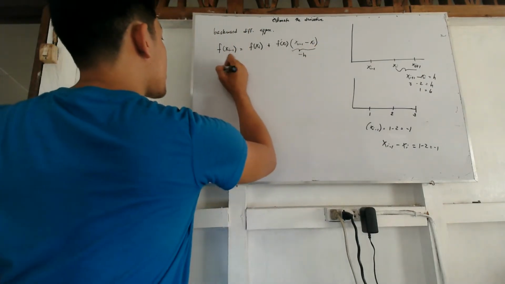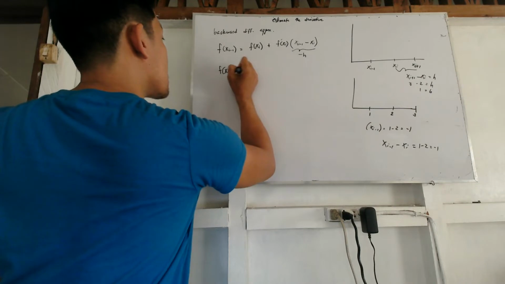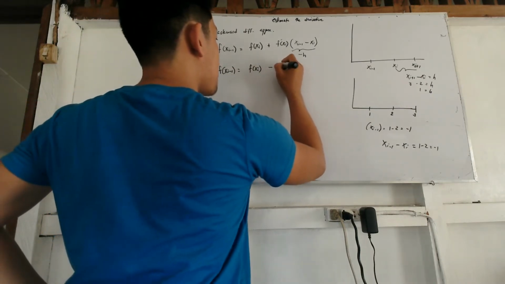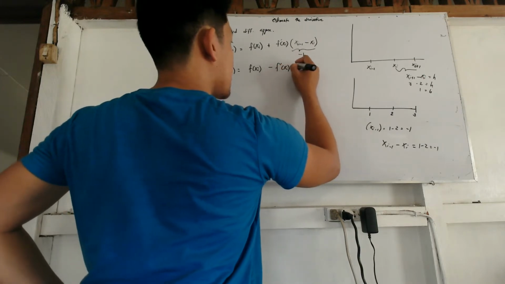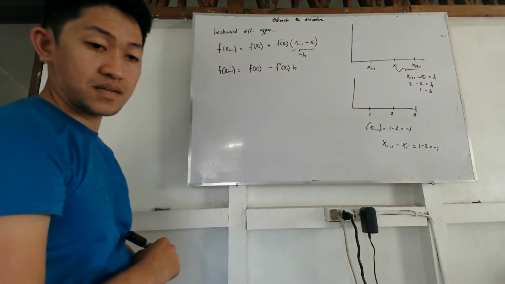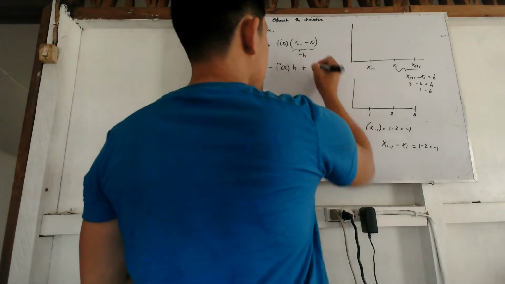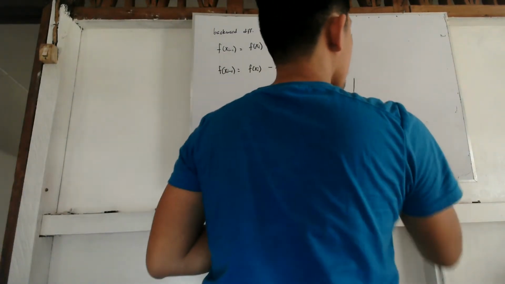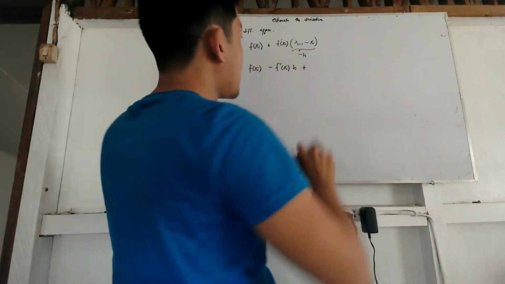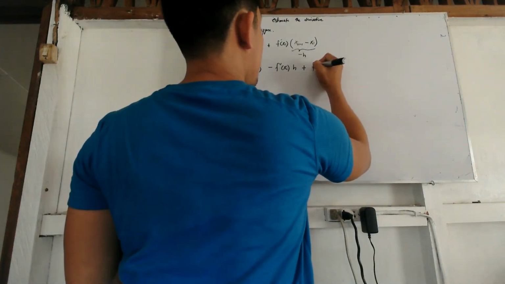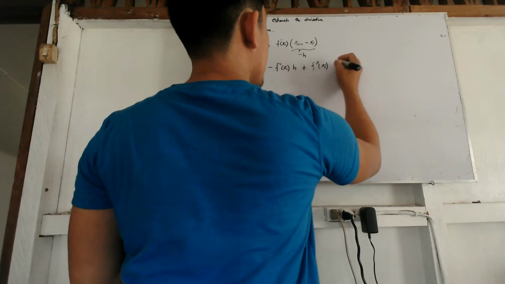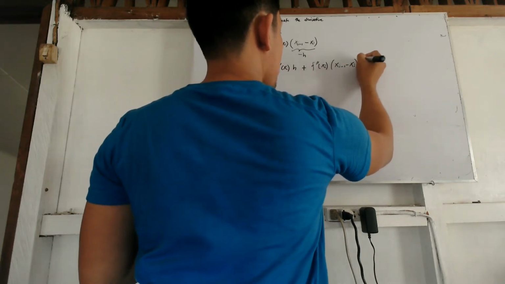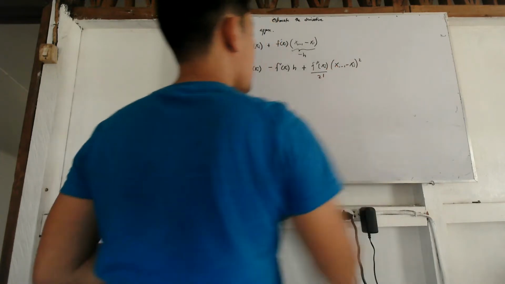So what happens is f of xi minus f prime of xi h plus f double prime of xi times (xi minus 1 minus xi) squared over 2 factorial.